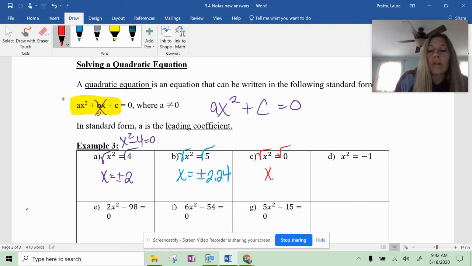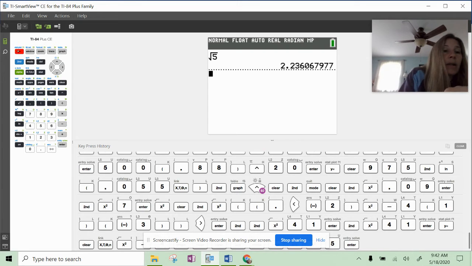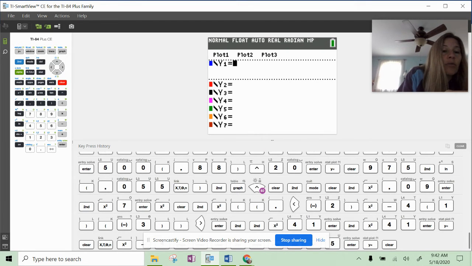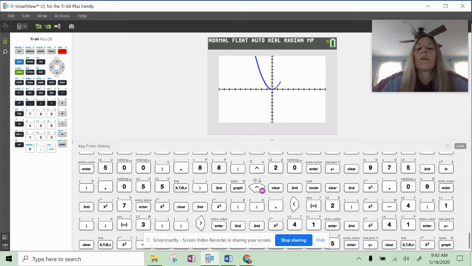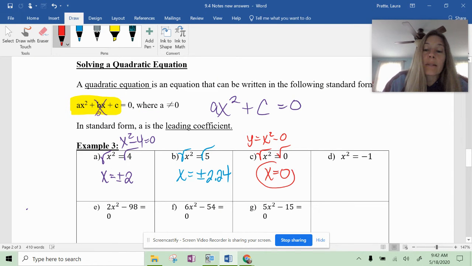Okay, example C. We have square root again. This time we're just square rooting 0, and there's only one answer. So let's look and see what that looked like on the calculator. So if I were to get everything to one side of my equation, I would have x squared minus 0, so you don't even really need to write that. So watch what happens if I just graph x squared. There's only one x-intercept right at the 0, which is why this one only had the one answer, x equals 0.